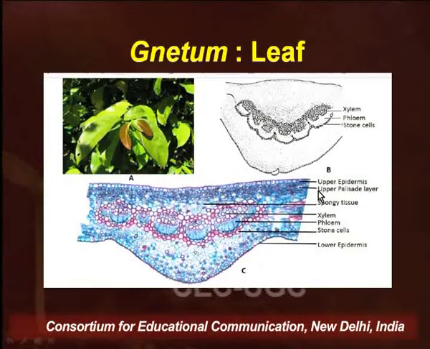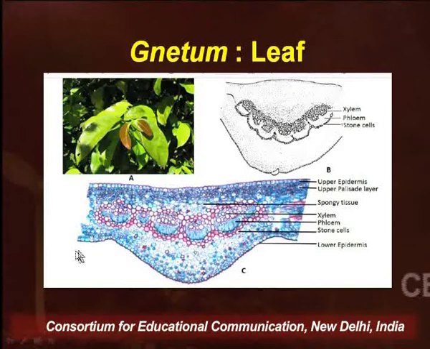They are called the upper palisade layer. Below this columnar palisade layer are loosely arranged chlorophyll containing parenchymatous cells. These are spongy tissues. Now, in the midrib region, the vascular bundles are arranged in patches.